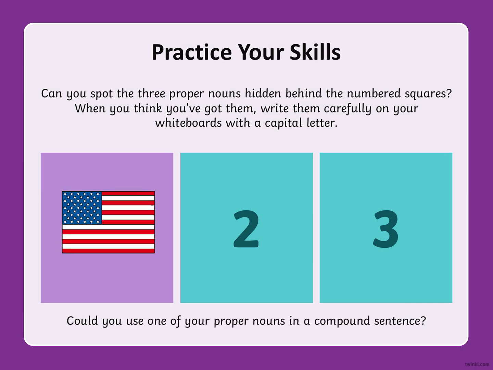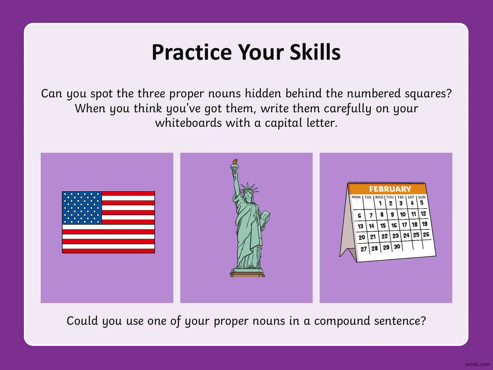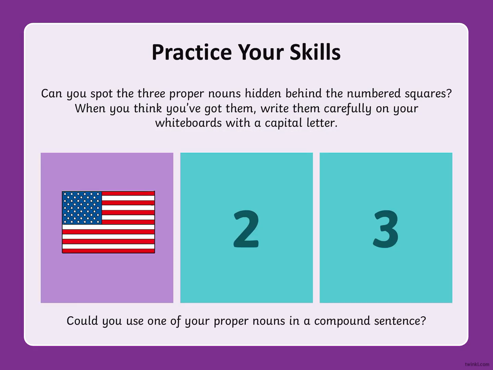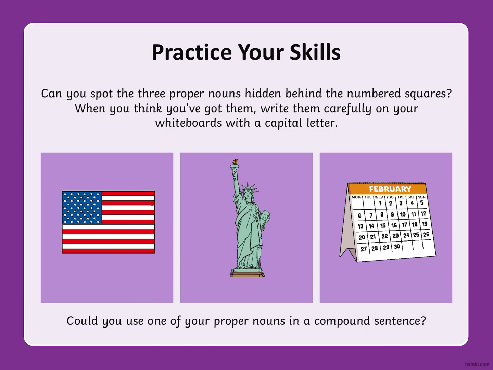Okay, so let's have a look. There's your first one, second, and third. So pause the video and either say what the 3 proper nouns are, if you know them, or you can write them down if you're doing spicy or hot. Okay, let's have a look at the proper nouns.